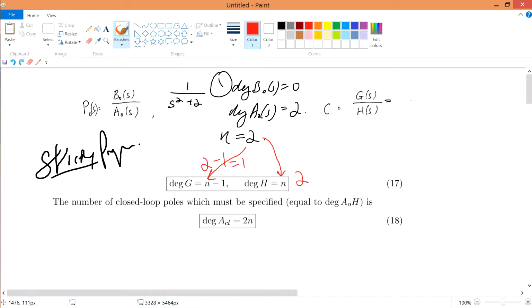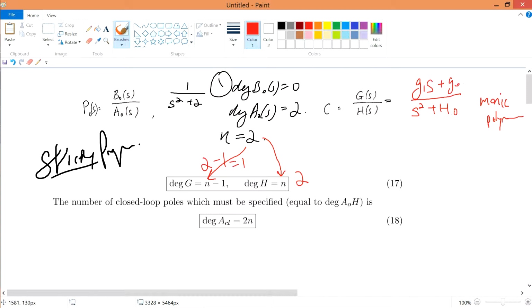Therefore it's second order, so it's s squared plus h naught. I actually forgot to tell you that you must say that it's a monic polynomial. And as for G, it's first order, and we know that G isn't a monic one, so it's just g1 s plus g naught.